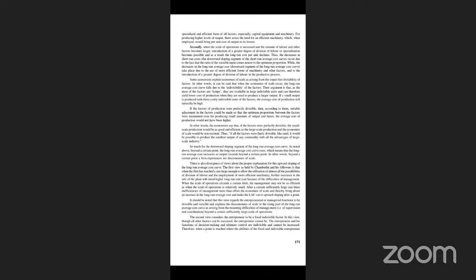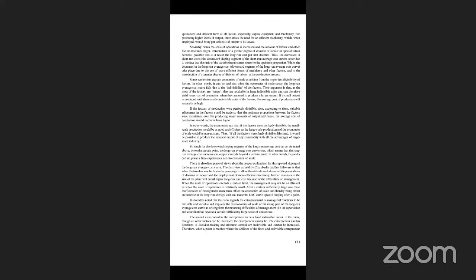All right. And in this case, it is increasing, but at a decreasing rate. Secondly, if you look at the economies of scale here, the decrease in the long run average cost curve takes place because of the efficiency of machinery, and it is increasing.